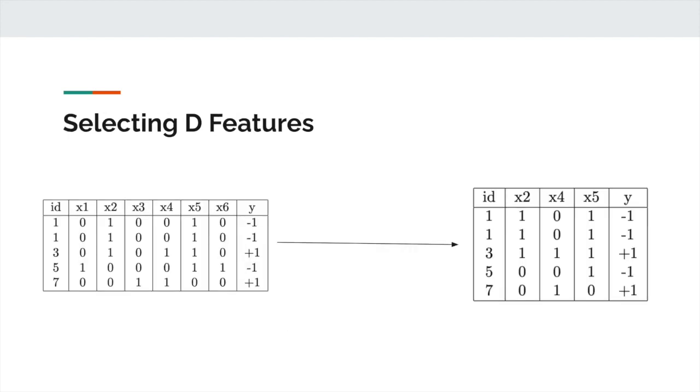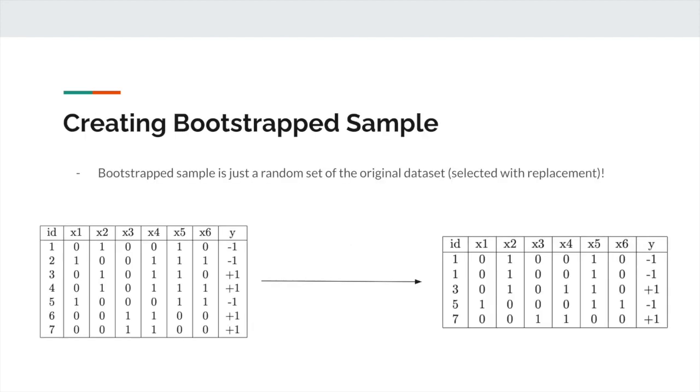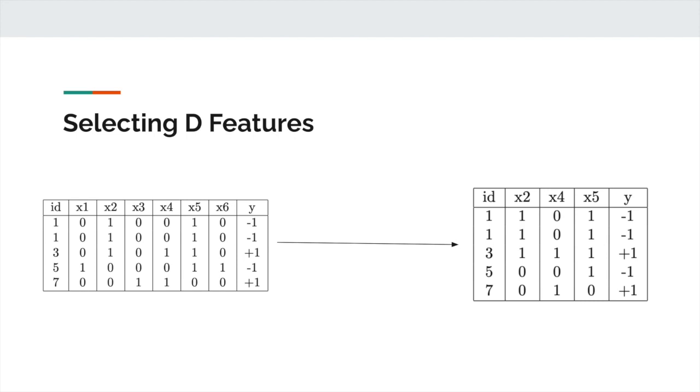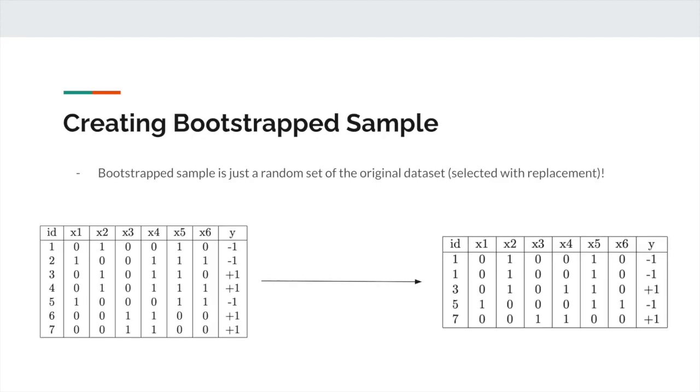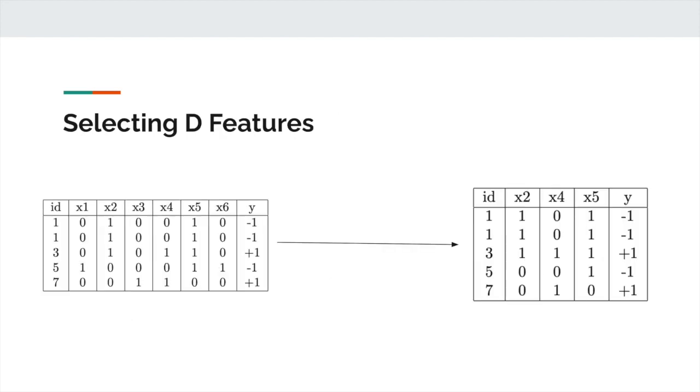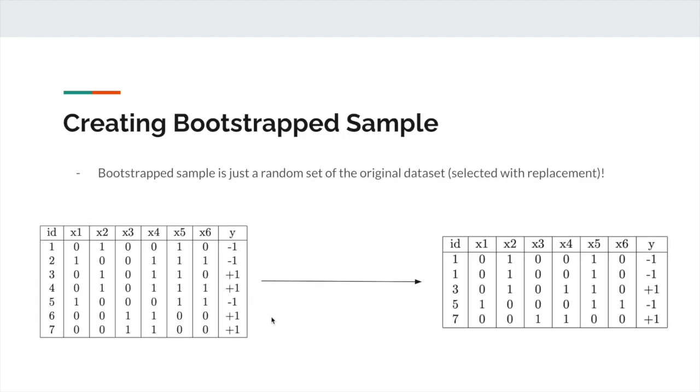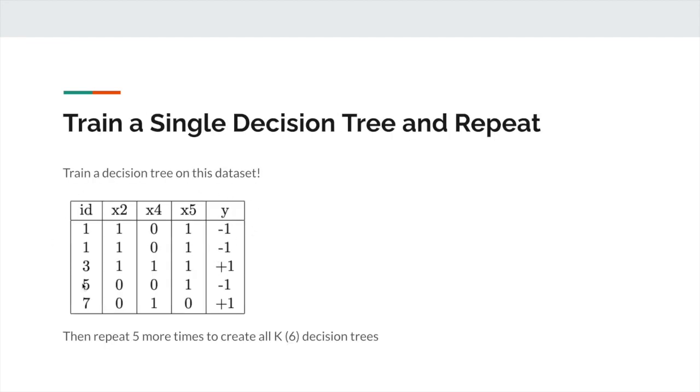So what is the purpose of doing this, which is the bootstrap sample and selecting D features? Well, essentially, we're decreasing the amount of information that we have in our training data set. We originally started our training set like this. It's pretty large, and we were able to reduce it to something small, right?